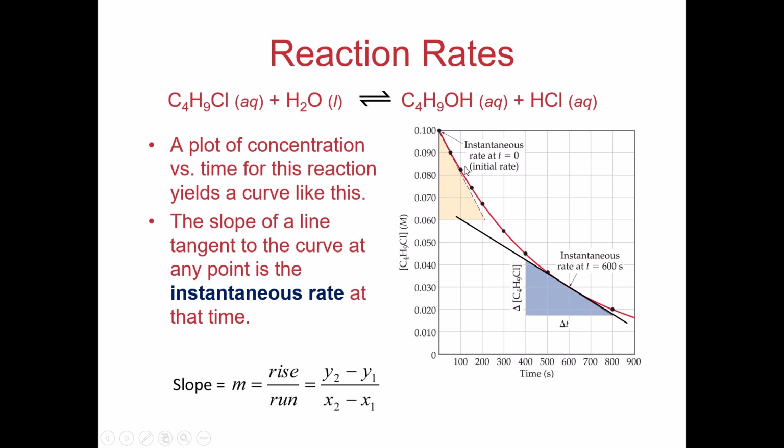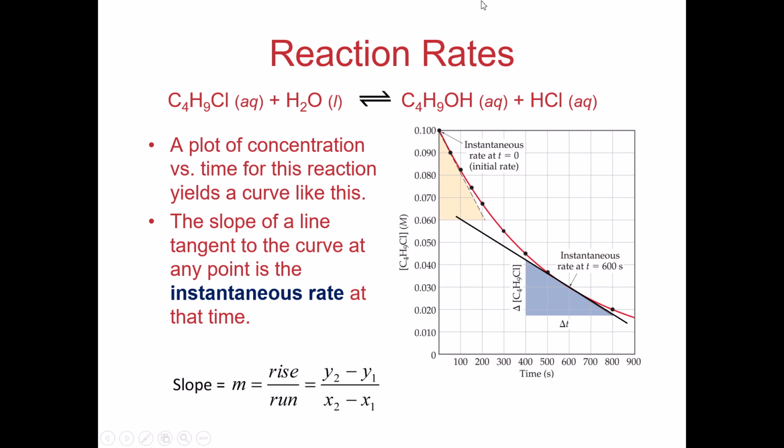Okay, so the slope of our red line would be the rate. We can see that down here. Change in concentration would be our change in Y over change in time, which is our change in X. Now because our graph is a curved line, our slope is changing. Our rate is changing depending upon the time.